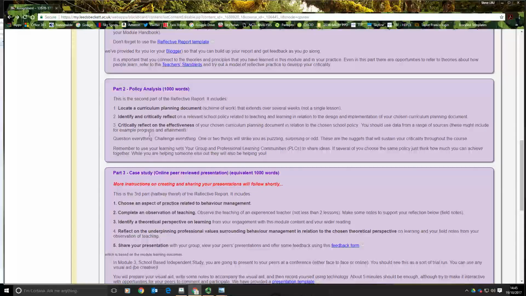It may be that your scheme of work or long-term or medium-term plans include a lot of information about assessment and how children or students will be assessed over the course of that scheme of work. In that case, it could be really useful for you to look at that scheme of work or long-term plan and compare it against your school or setting's assessment policy. Do the two things sit hand in hand?